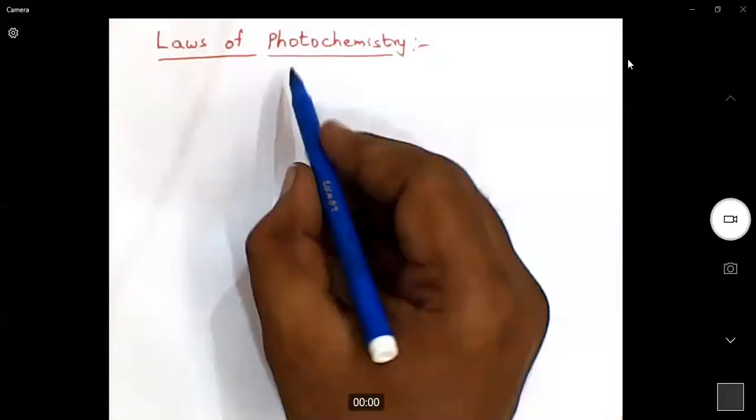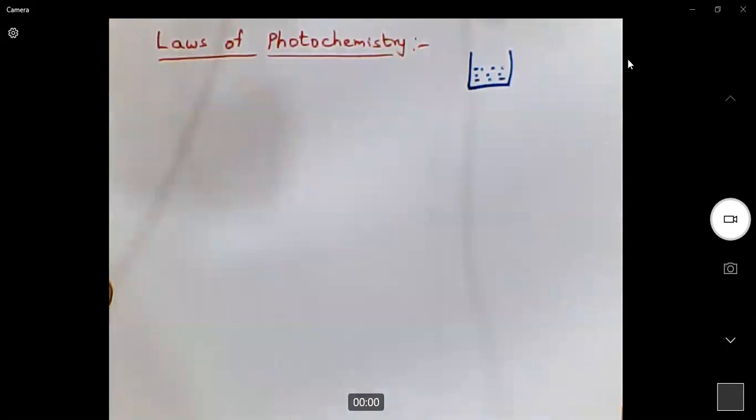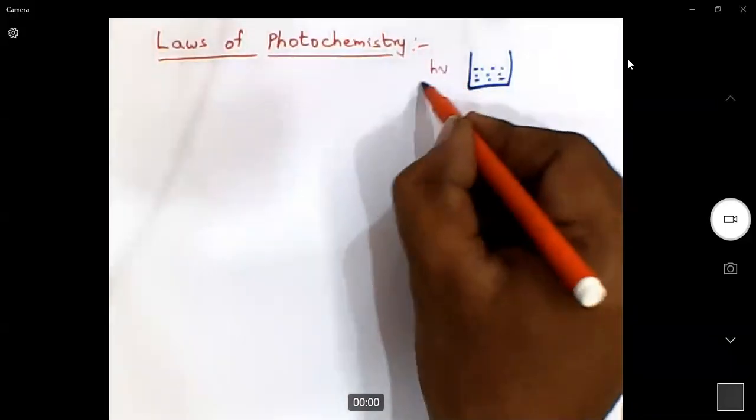There are two basic laws in photochemistry. What is a photochemical reaction? Take the compound in a vessel, then pass light onto the solution of the compound.